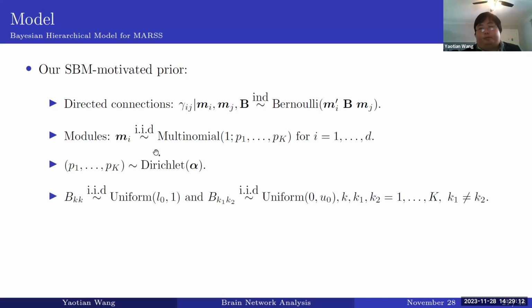For the prior probability matrix, we let the prior probability for a within-module connection be IID with a uniform distribution truncated at a lower bound L0. And we let the prior probability for between-module connections be IID with a uniform distribution truncated at an upper bound U0.